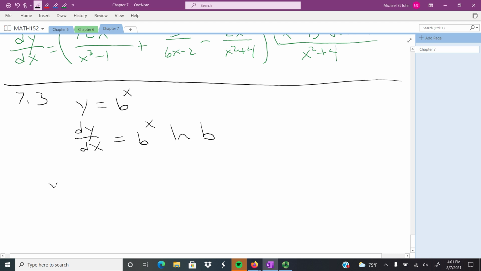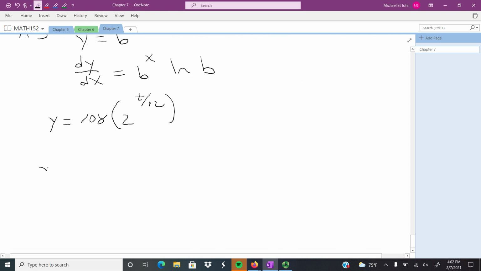So if I had y equals 108 times 2 to the t over 12, and I want to know the derivative, y prime, well, this is going to be 108 times 2 to the t over 12 times the natural log of 2, and then of course the derivative of t over 12 is going to be 1/12.